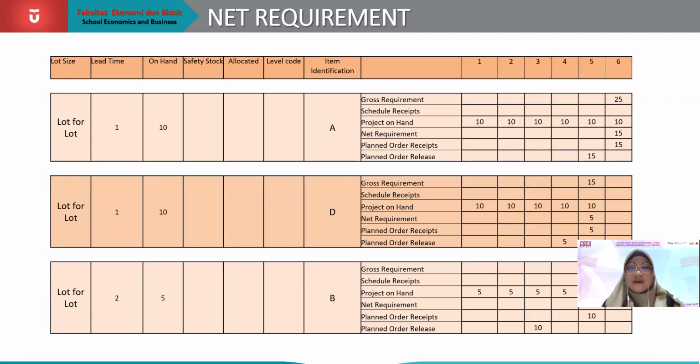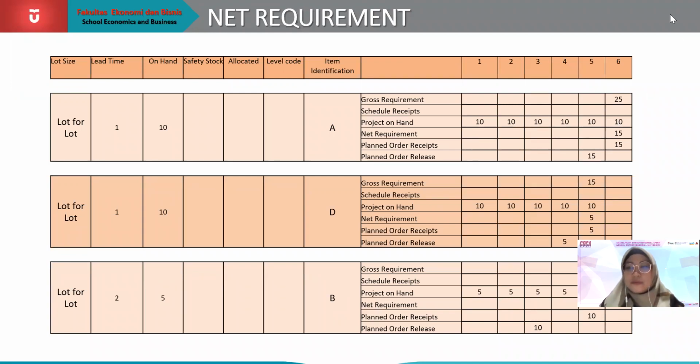The difference is the final quantity of each component will be different because it is affected by on hand, safety stock, allocated, and also schedule receive. Like I said before, in this case, there is no safety stock, no allocated, no schedule receive. So we only know about the project on hand.